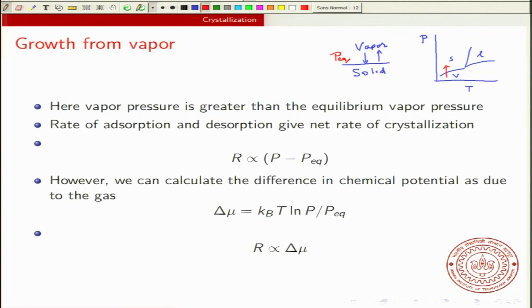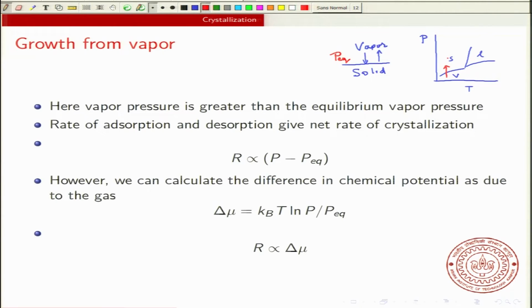Now suppose the pressure of this vapor was much greater than P equilibrium, then what would happen is some of the vapor would solidify and it would form the solid. So you can work this out. The rate of adsorption and desorption gives the net rate of crystallization, which is the difference between the rate of adsorption and the rate of desorption.